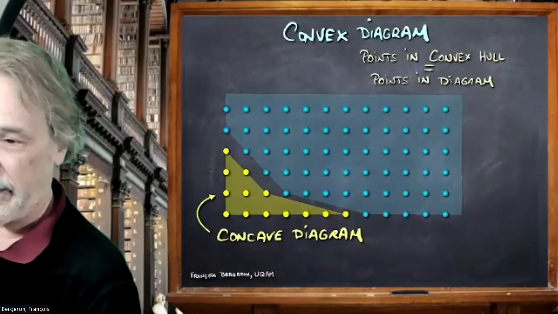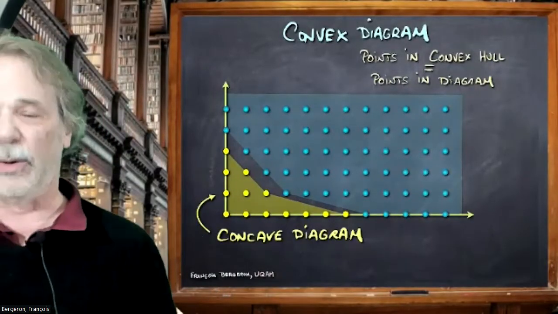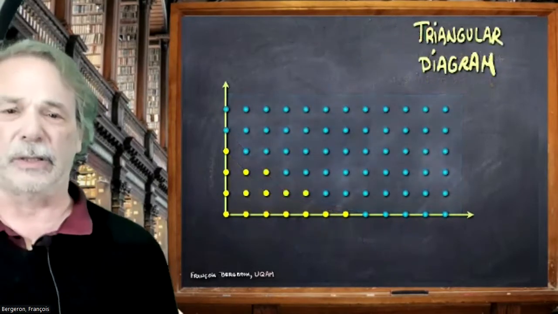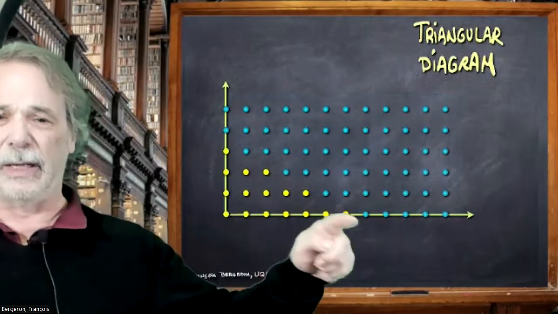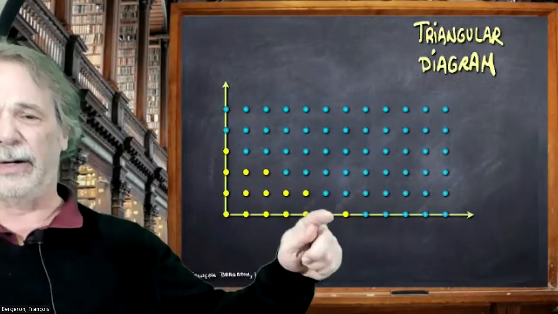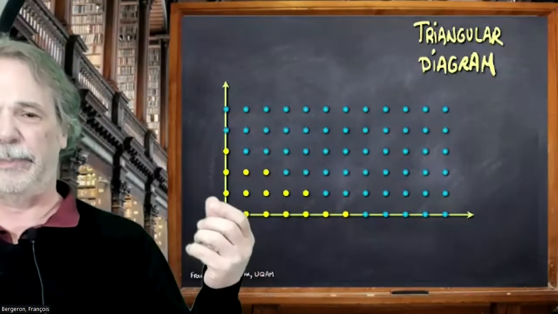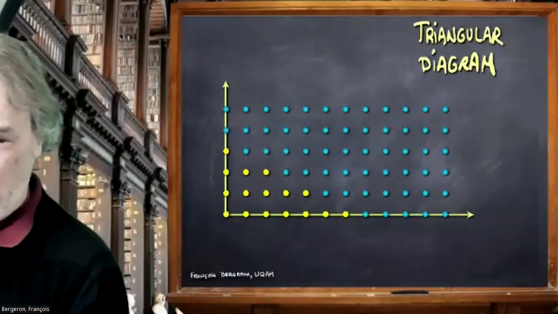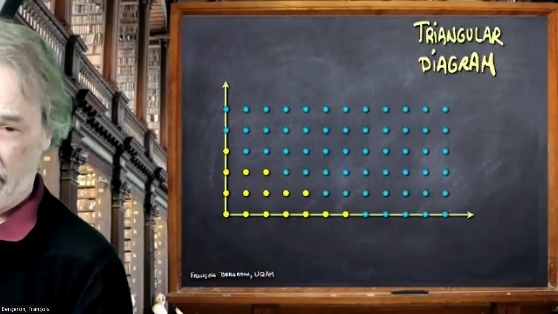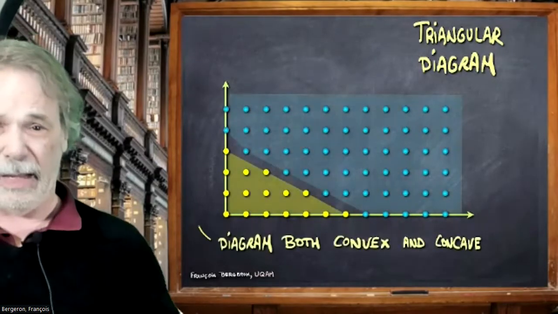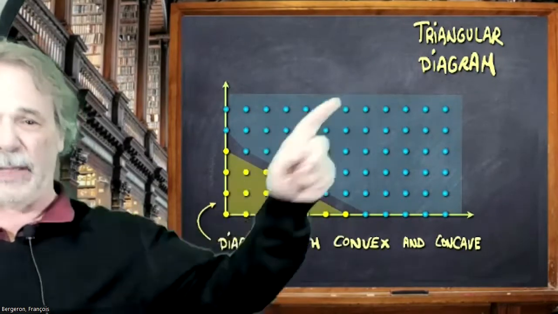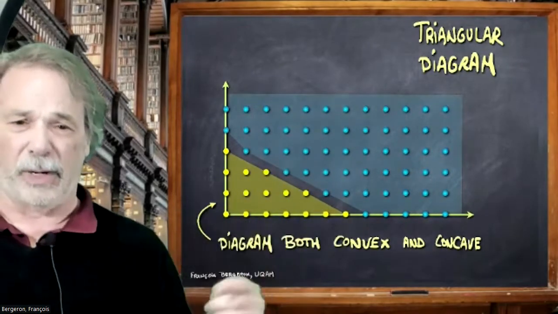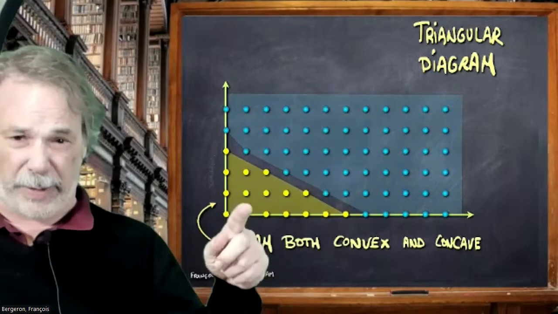Okay, so now let's go on to triangular partitions. A triangular partition is in yellow here, and it's a partition such that its diagram is both concave and convex. So its complement is convex as before, and the yellow part itself is convex.